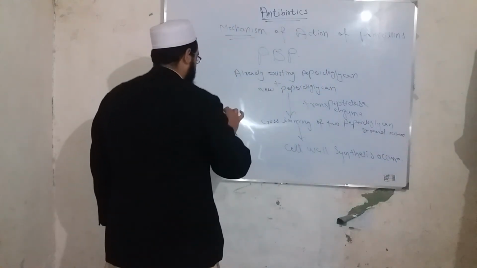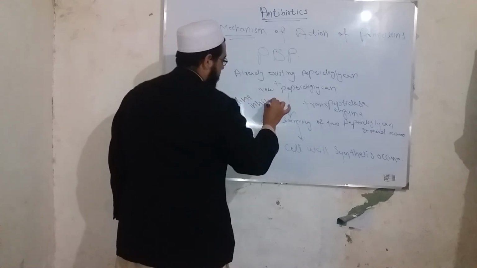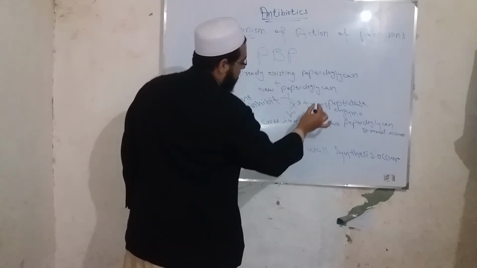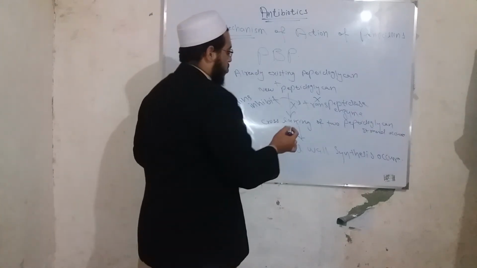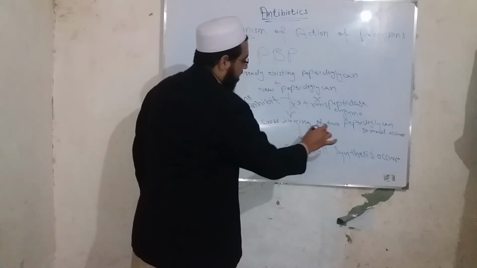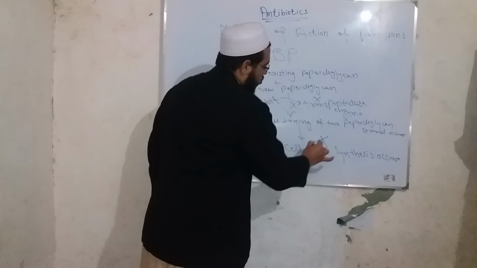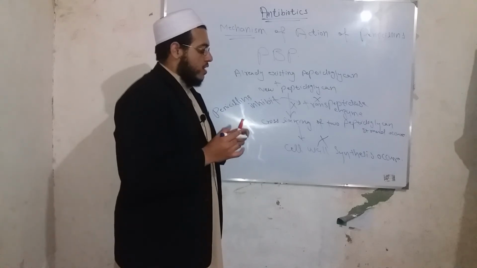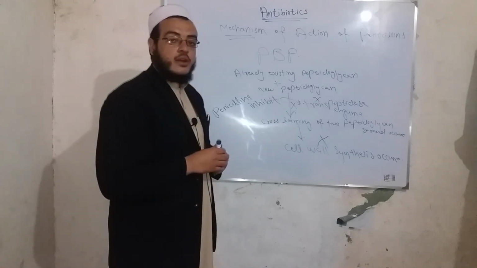So penicillins inhibit the transpeptidase enzyme. When it inhibits transpeptidase enzyme, it will block cross-linking of two peptidoglycan strands, and then there will be no synthesis of cell wall. So the cell wall of the bacteria will not form and the bacteria will die.